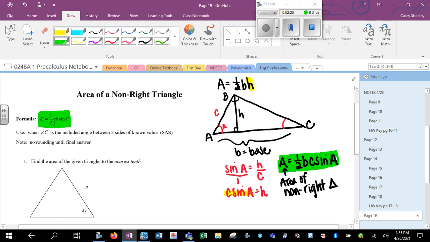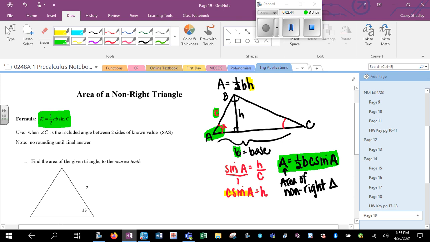You can use any two sides of the triangle and what we will call the included angle. So if we had that in the formula we created, you can see that if we have side B and side C, and then the included angle A is in between, almost making a side angle side situation.